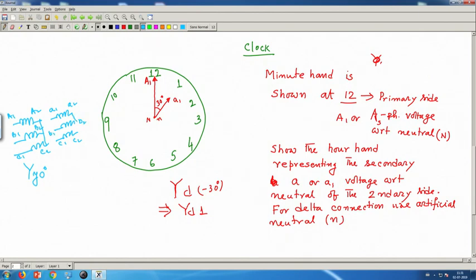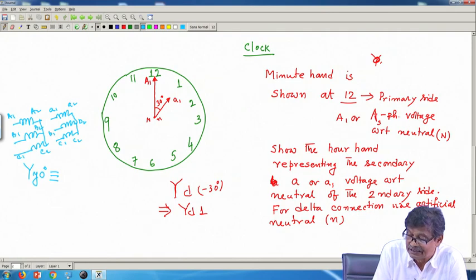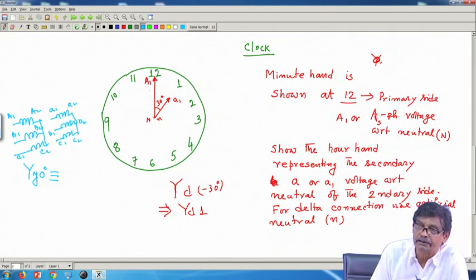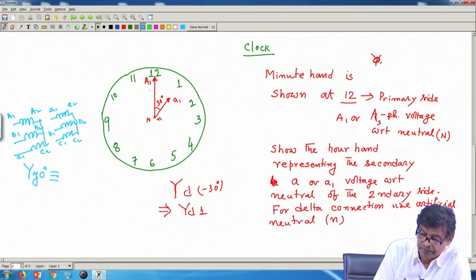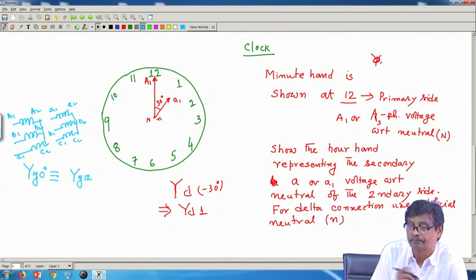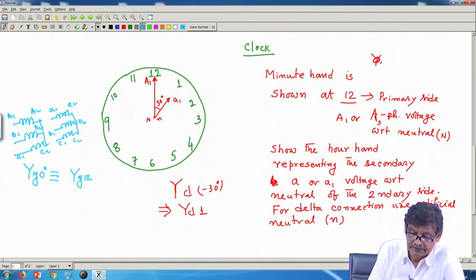Suppose you make star star, then this connection indicates it is Y Y 0 degree, meaning the voltage A1N, both minute and hour hand will be together. So, I will write it as Y Y 12, time is 12, then only I will say this is Y Y 0 degree.